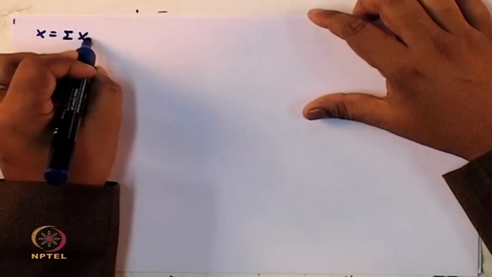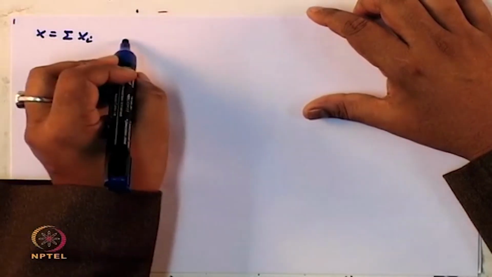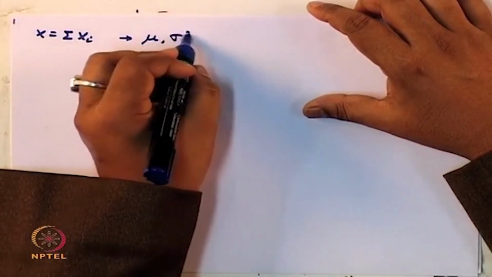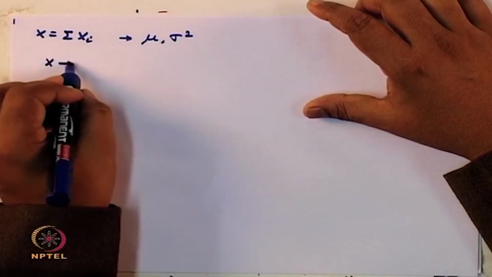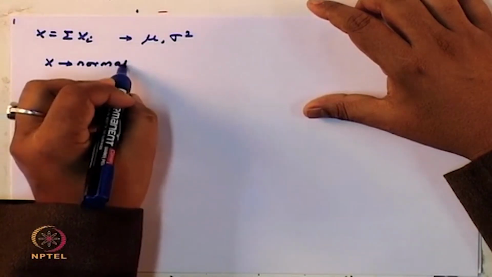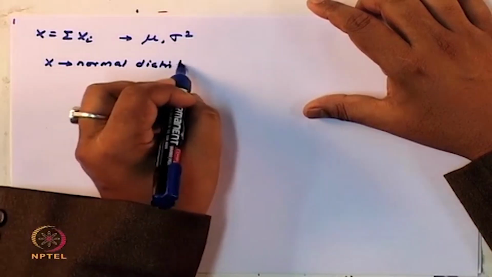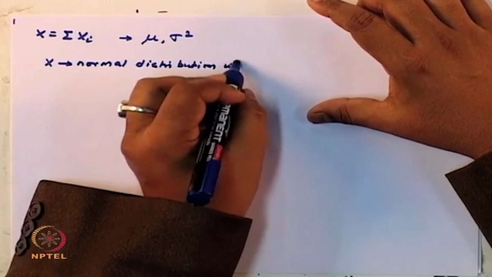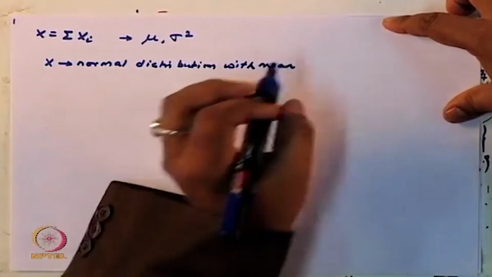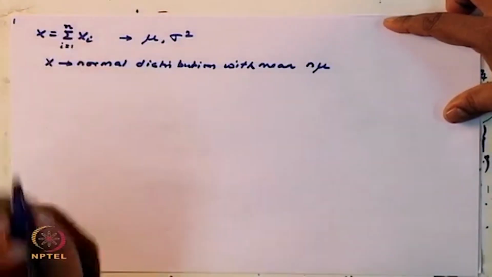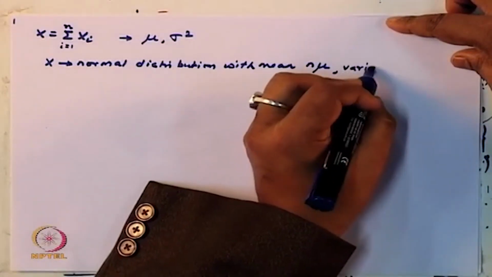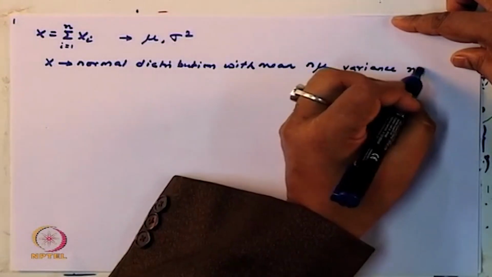Two things we discussed in the last class: if I define X as the summation of Xi, and each Xi has mean mu and variance sigma square, then X, the summation of Xi, will follow a normal distribution with mean n times mu, for n random variables, and variance n sigma square.